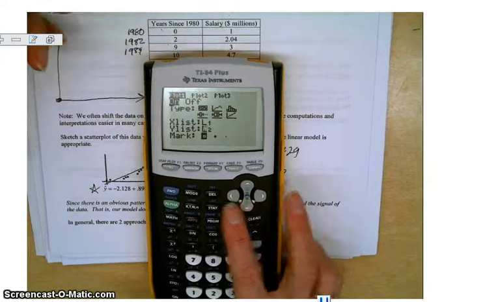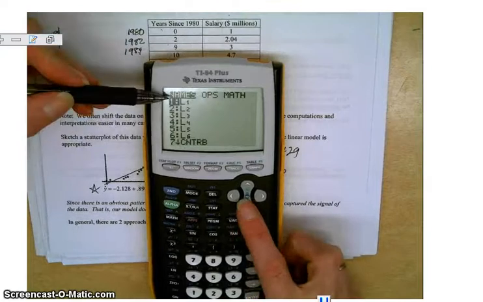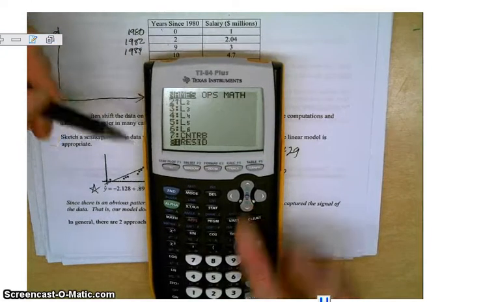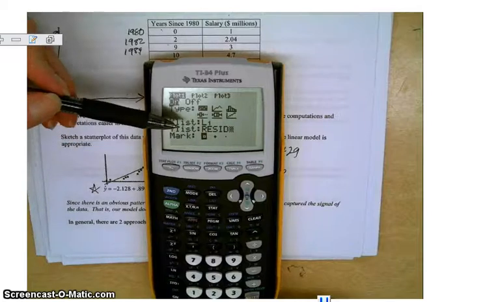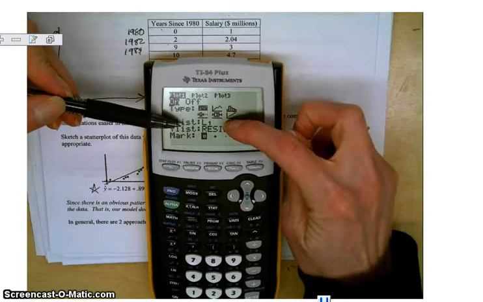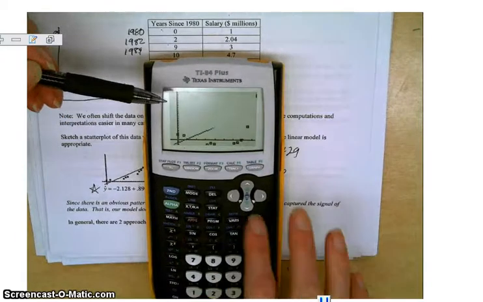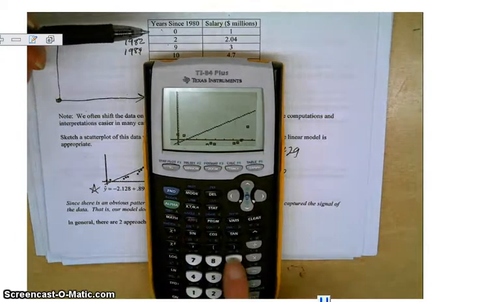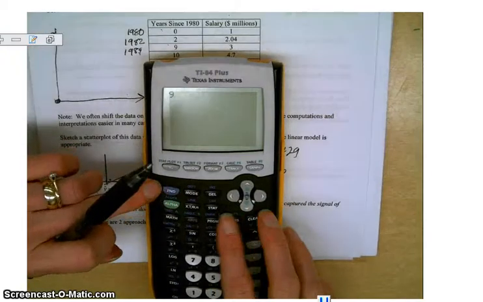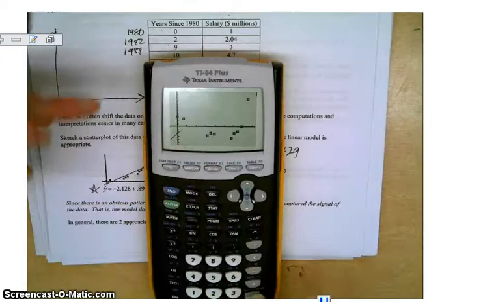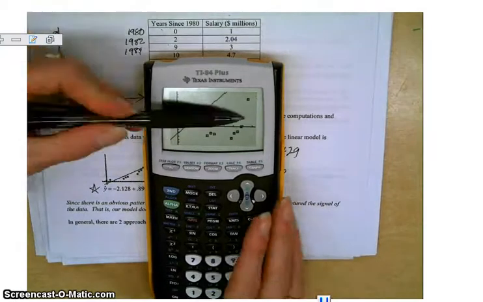So I just need to go to second list and go down to the names, and if you go down far enough you'll see resid, and that's what I put. So I want to graph the current x values with the residuals. Then I just hit graph, and I want to zoom 9 this.